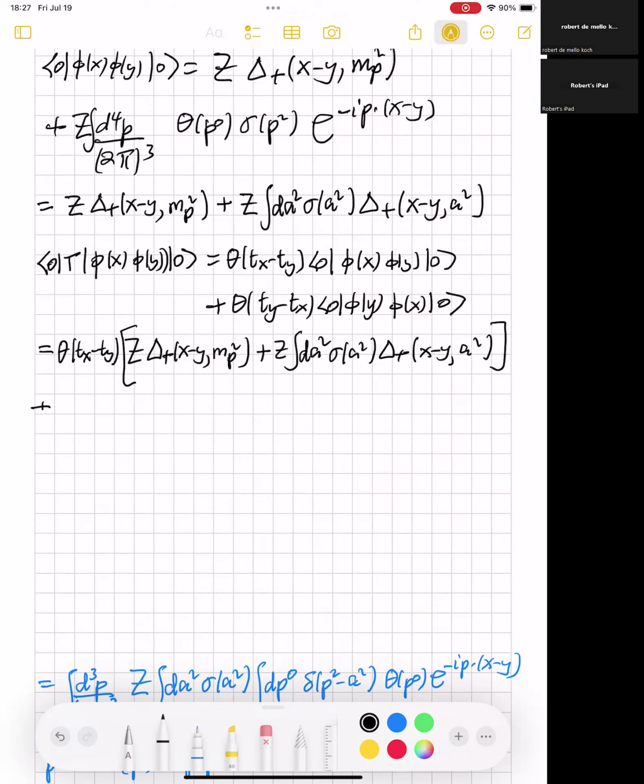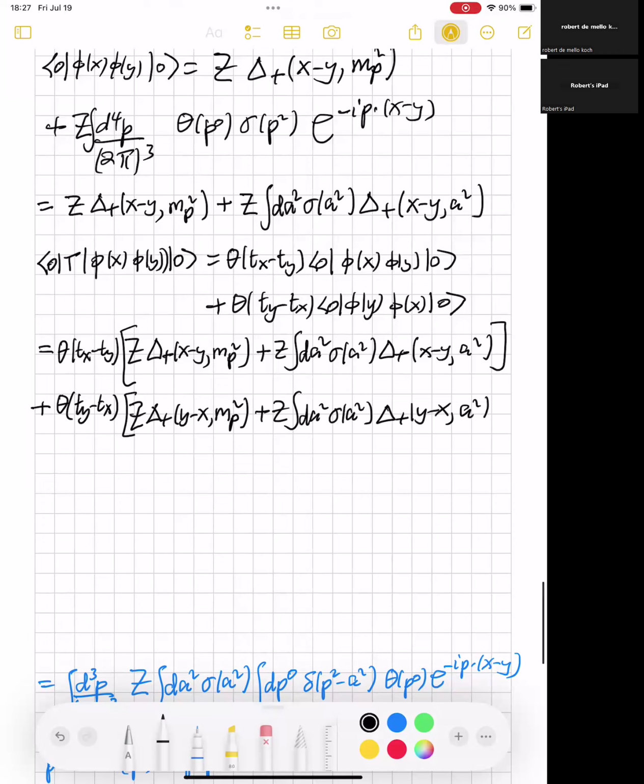And then we need to write down the second theta function, the Ty minus Tx. And what multiplies this? Well, we have to swap x and y because we've swapped the positions of the two fields inside the Wightman function. So there's the first term, plus Z integral dA squared sigma of A squared delta plus. Now this is y minus x comma A squared.